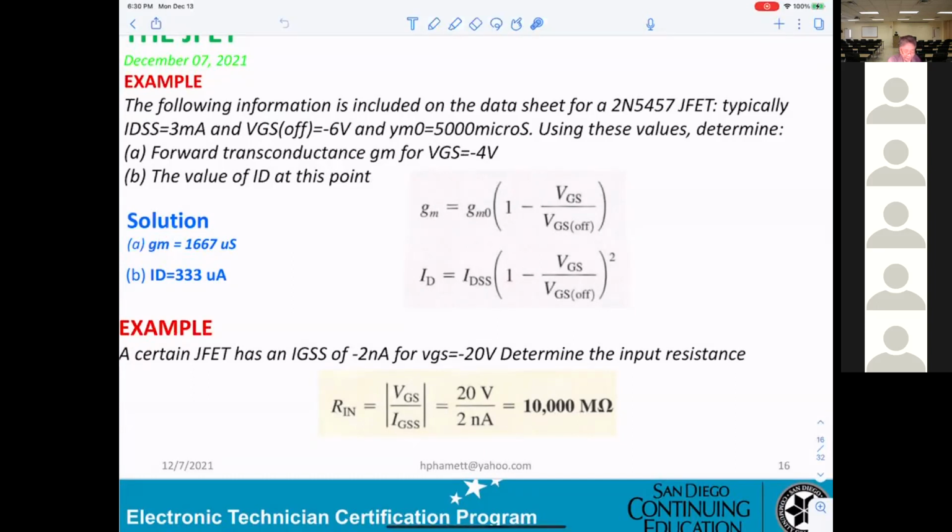You use this formula, and the answer will be 1667 microsiemens, and the current ID will be 333 microamp.